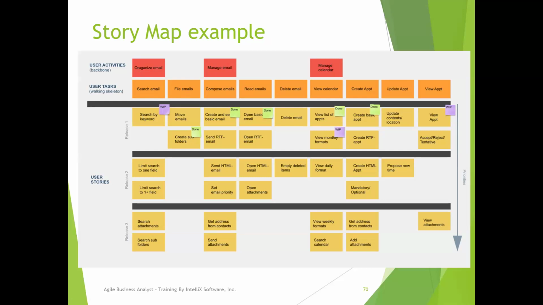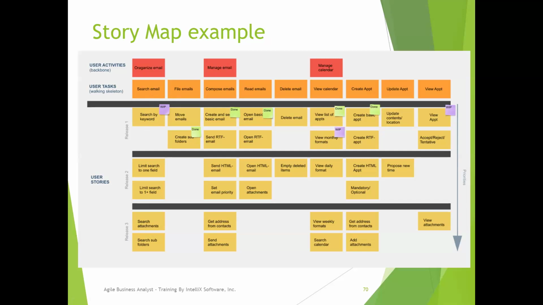So when you talk about searching, you can say, hey, I want to search by a keyword, or by attachment, or in a specific folder only, or by multiple fields, like an email sent by Herschel that falls within this date range. All of those become what is called your requirements, specifically for that task.